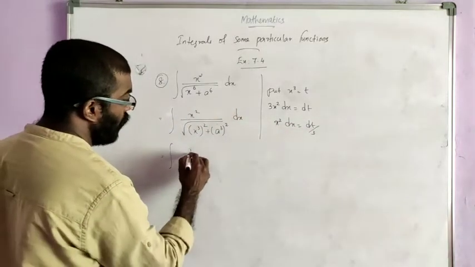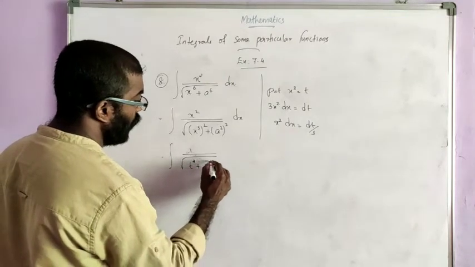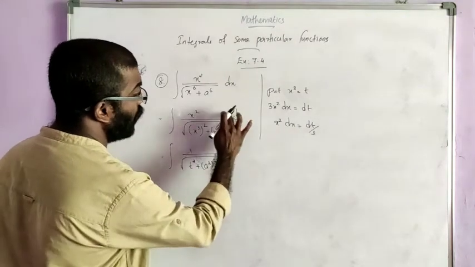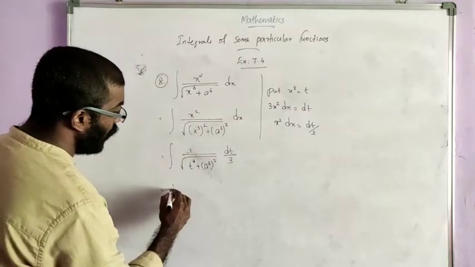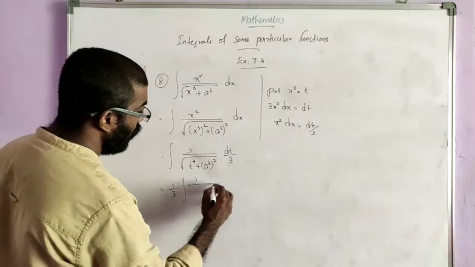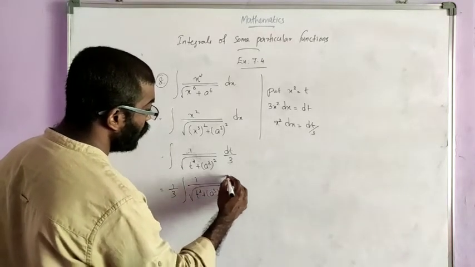So integral 1 by root of t square plus a cube the whole square, then x square dx is dt by 3. This 1 by 3 we can take it out. So 1 by 3 into integral 1 by root of t square plus a cube the whole square dt.